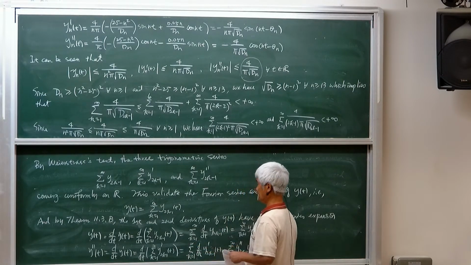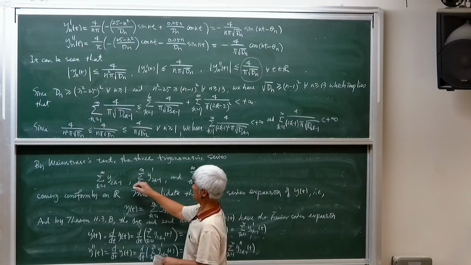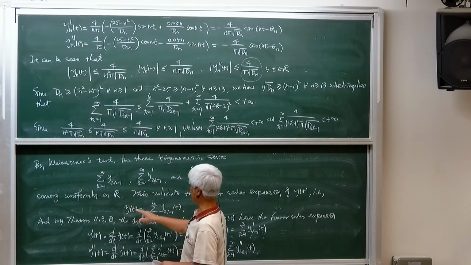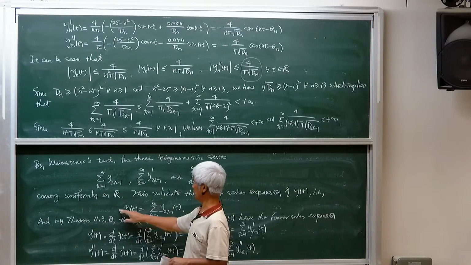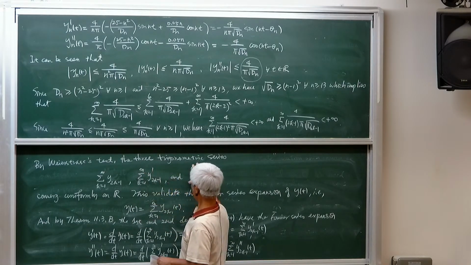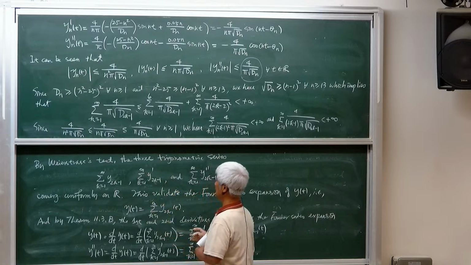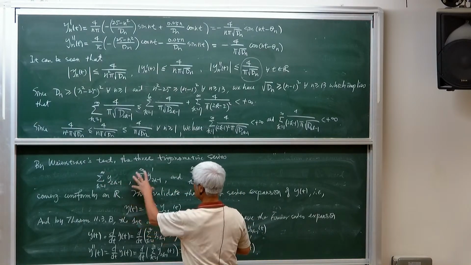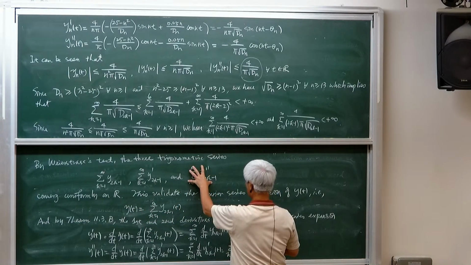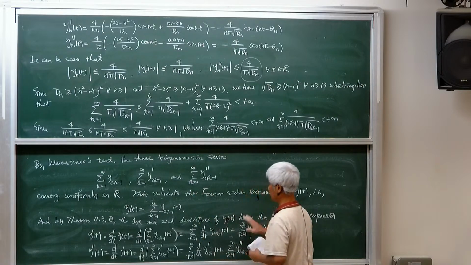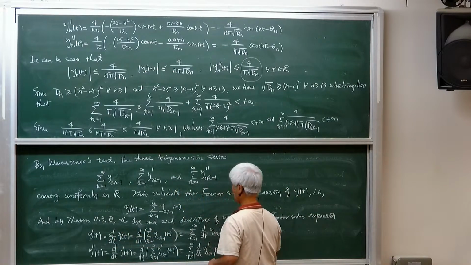So we know that y'(t) is equal to this series sum. Once we justify that this series sum converges uniformly, the sum is denoted as y(t). And because both of them converge uniformly, y'(t) is equal to this series sum, and y''(t) is equal to that series sum. So we establish that this is equal and this is equal.